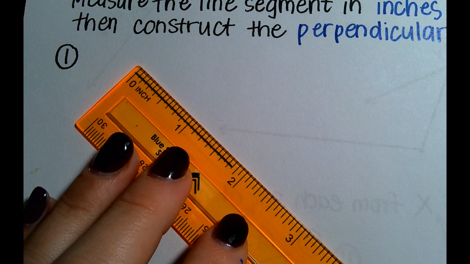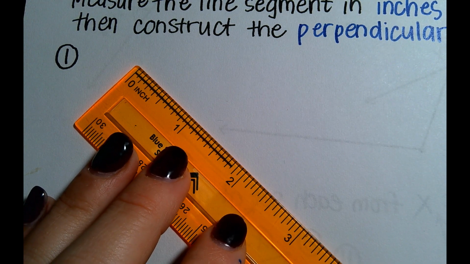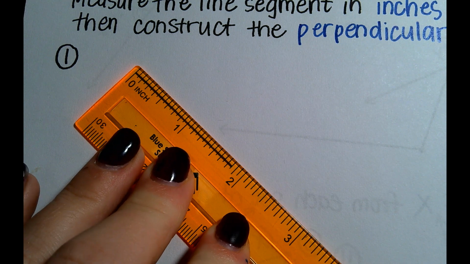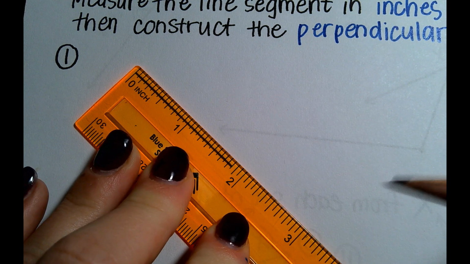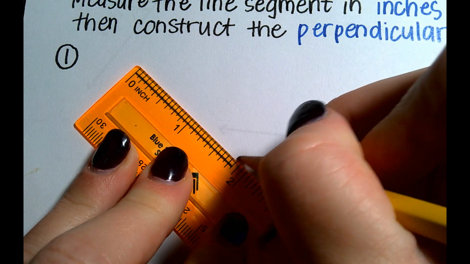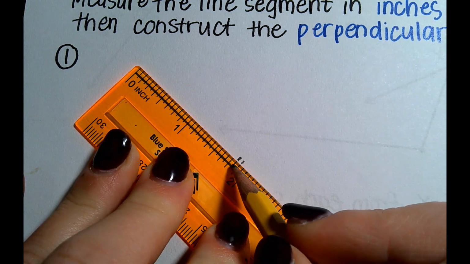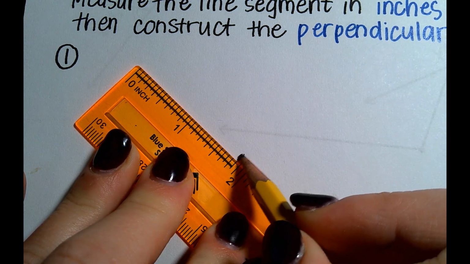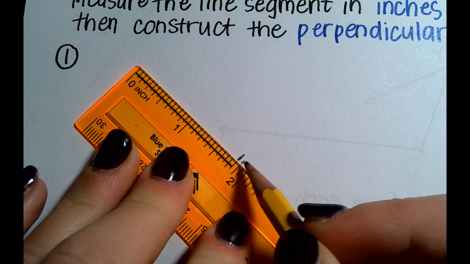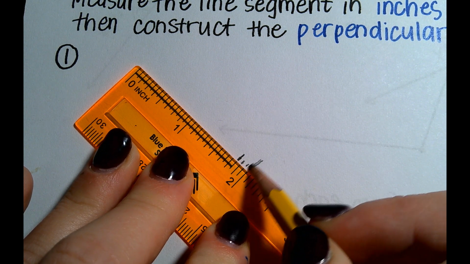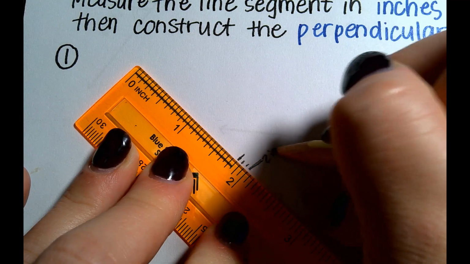Sometimes it helps to put the line under the ruler since these are see-through. Kind of helps you see exactly where it lands. And I'm going to take a pencil and mark how many lines it goes over. So here's where the end of that is. Then there's 1, 2, and here's my 2 inches marker.